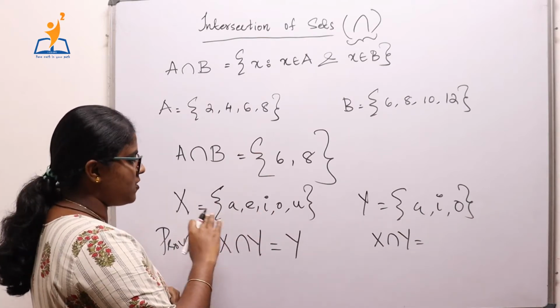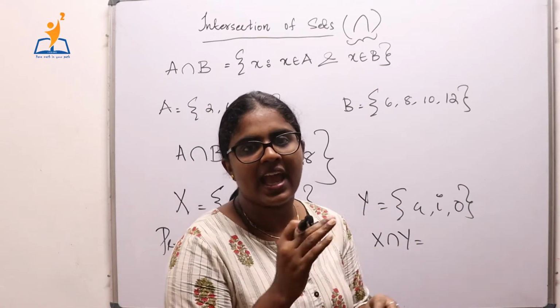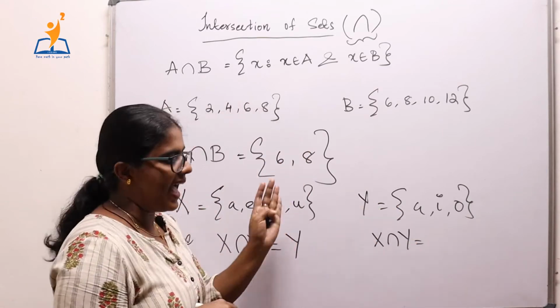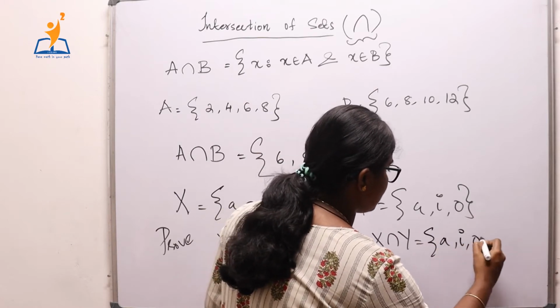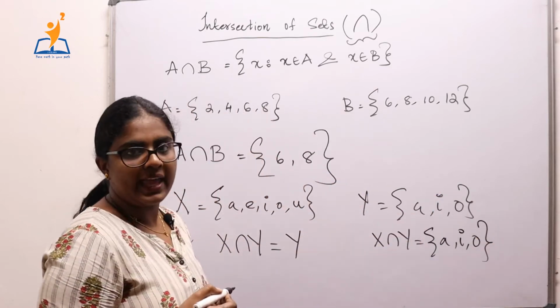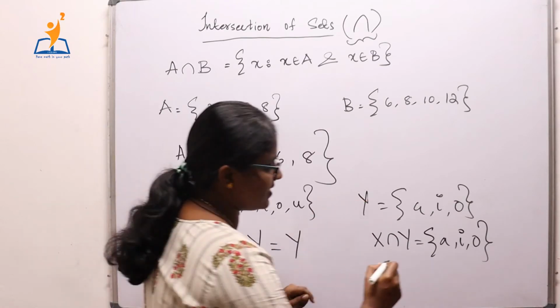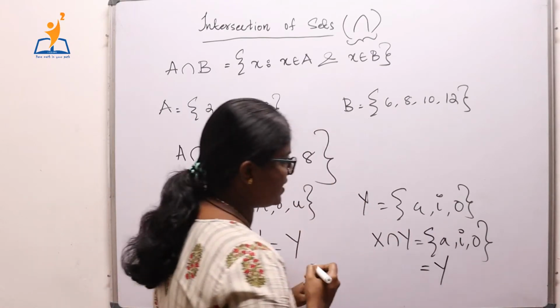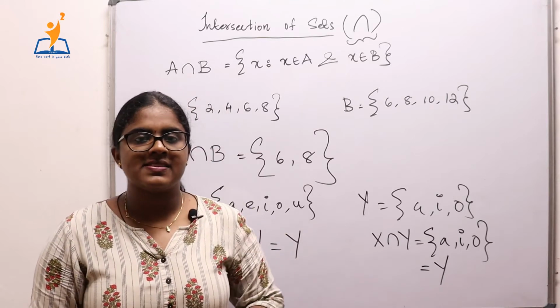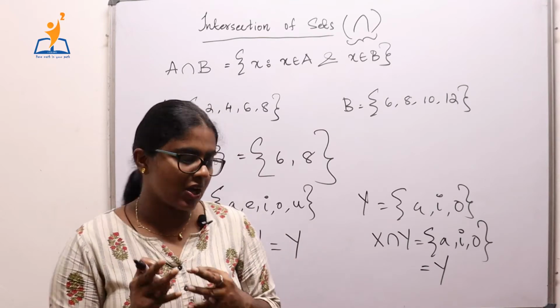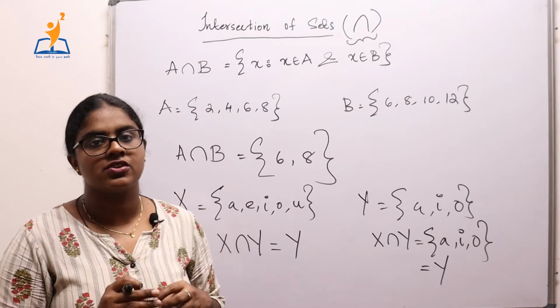So A, I, O are present in X, which means A, I and O are common to X and Y, which means the intersection of X and Y contains A, I and O, which is our set Y. So we have proved that X intersection Y is nothing but Y. That's it. This is the concept of intersection of two sets.